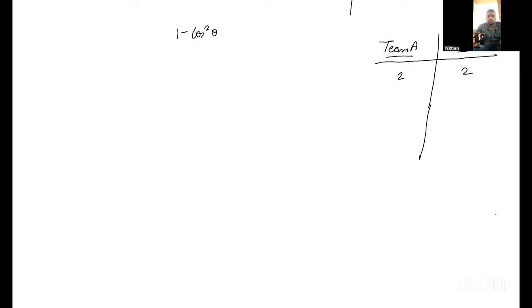You can give him a hint. It has sine theta on top of something. Not able to give? Okay, Ira, you can give. Sine theta upon cos theta. Good. Sin theta upon cos theta. So I will give only 1 mark because Jashron is not able to give the answer.